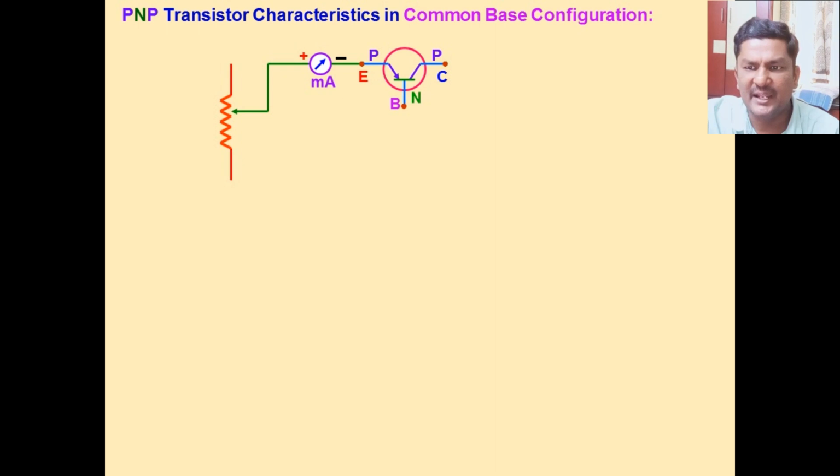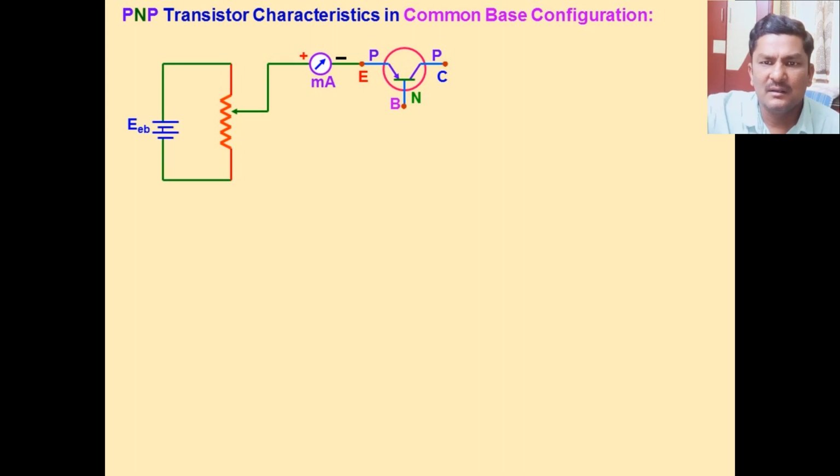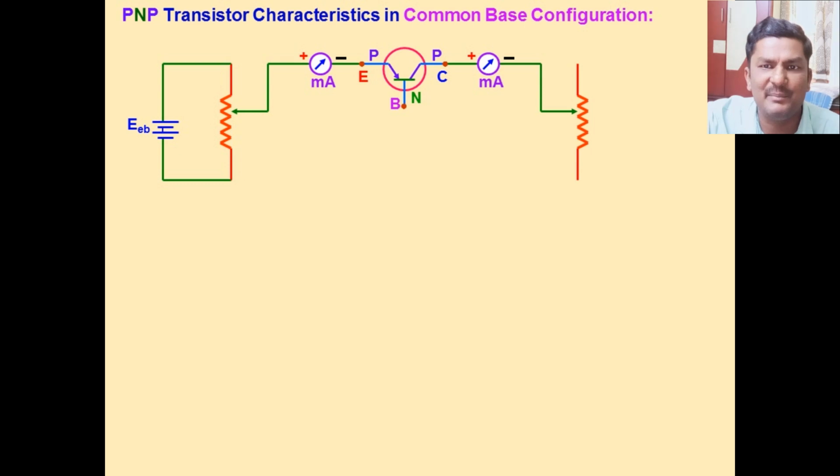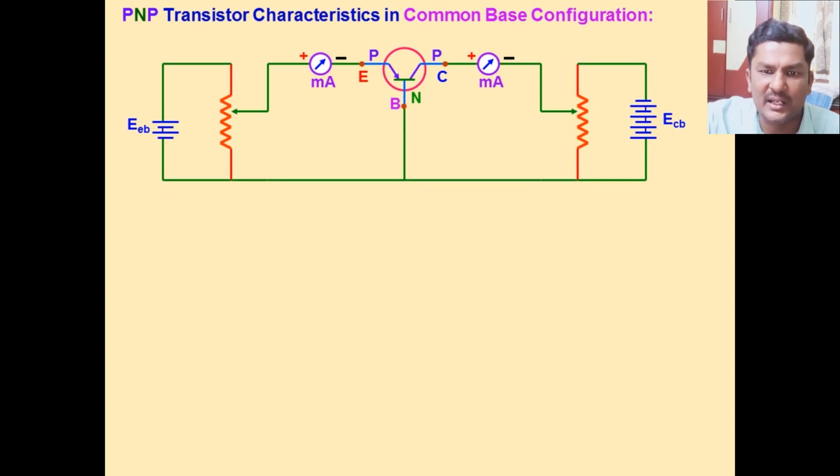In a PNP transistor, the direction of conventional current is from emitter to base, and the n-type semiconductor is the base, and it is connected to an external circuit. I will explain each and every part of the circuit.